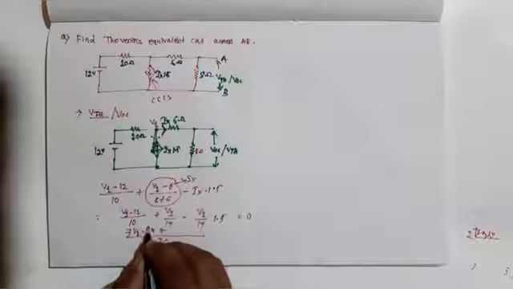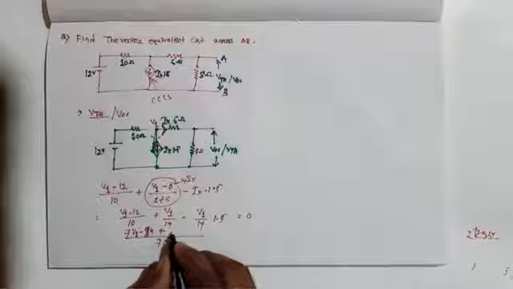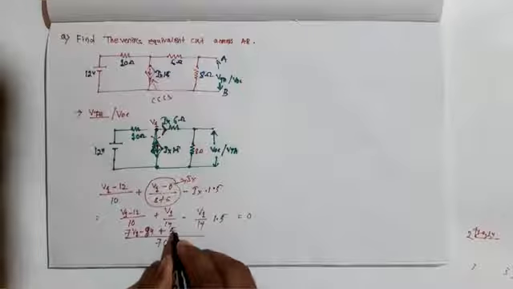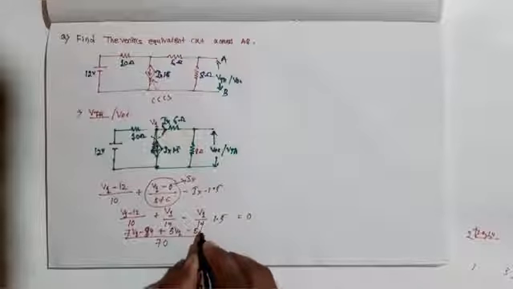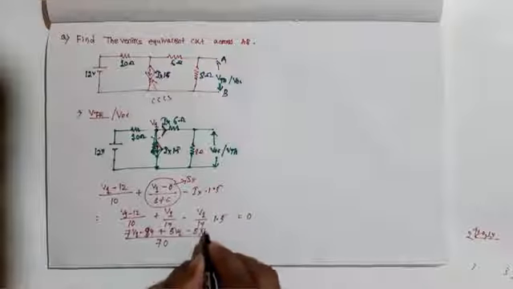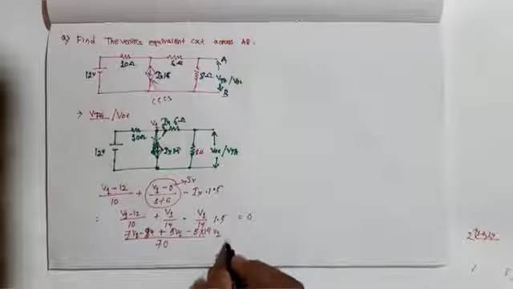Sorry, this is 84, and this is 5 V1 minus 5 into 1.5 V1 is equal to 0.